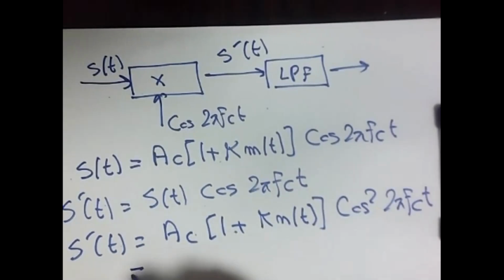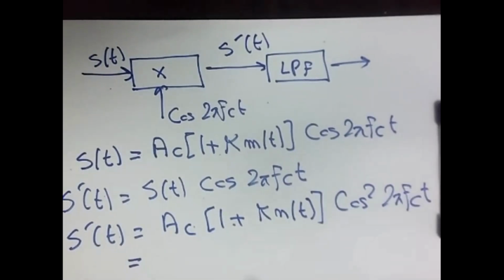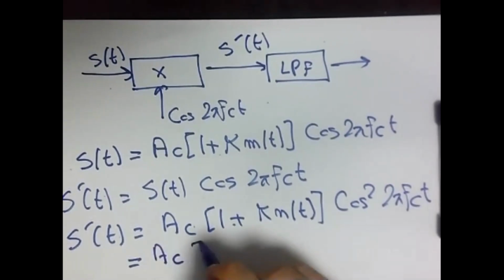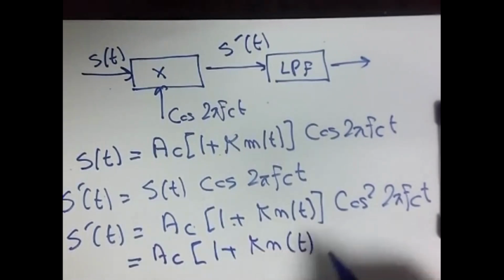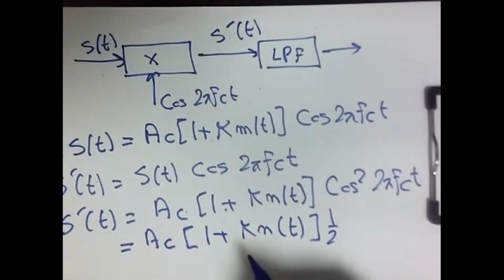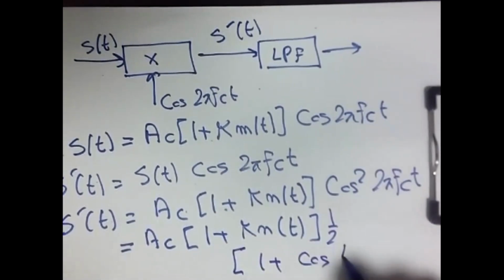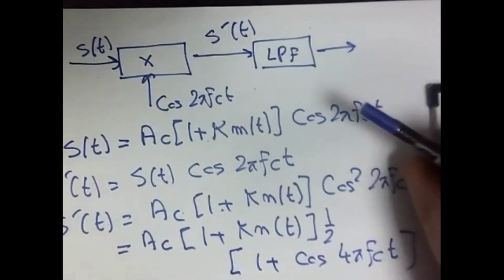So this is simply equal to A_c (1 + k m(t)) multiplied by half (1 + cos 4π f_c t). Perfect. Now you can extract your signal.